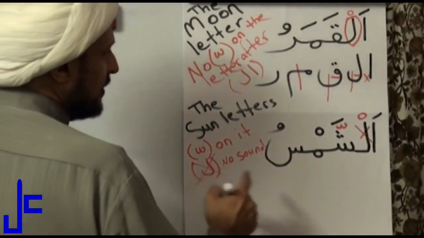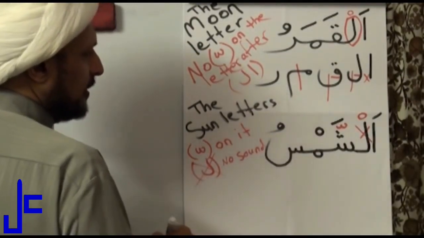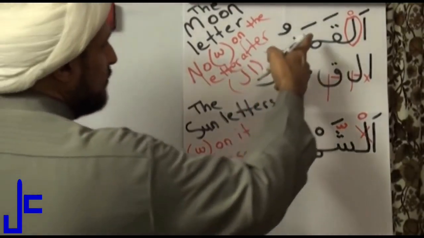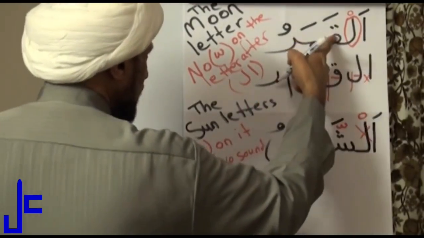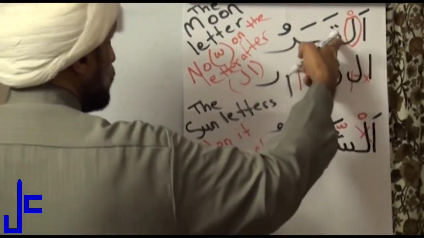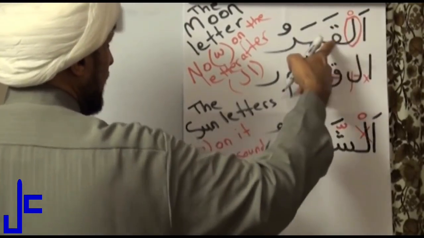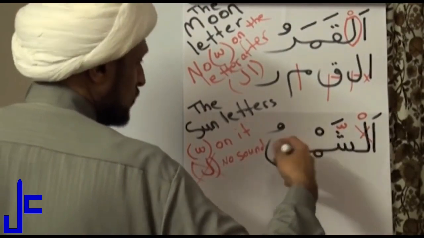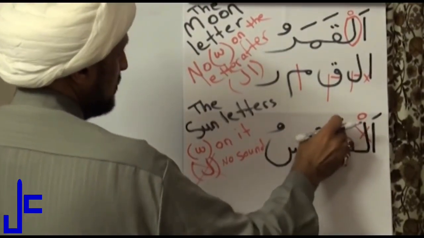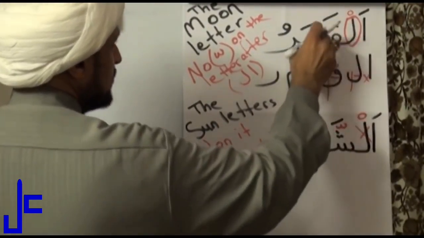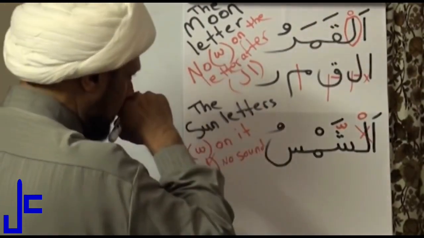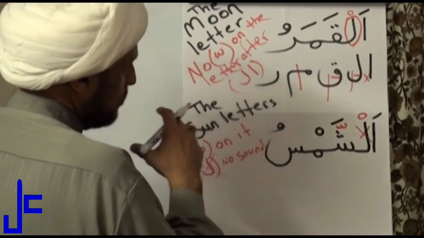This is the difference between moon letters and sun letters. Whenever there is a moon letter, the lam will be pronounced, al-qamaru. Whenever there is a sun letter, there are several letters in the Arabic alphabet which have the same rule.